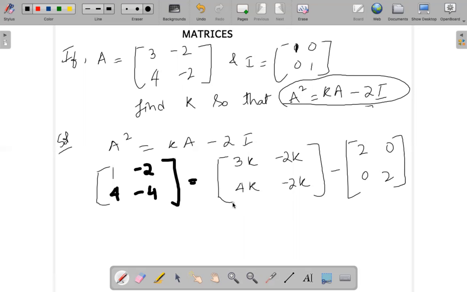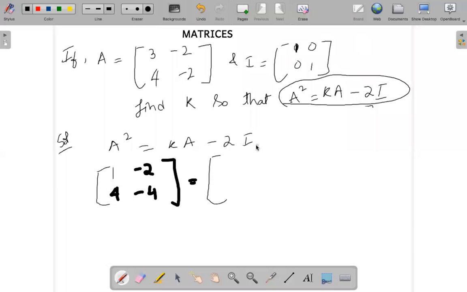Now first let us look at the right hand side and try to simplify it further. 3k minus 2, minus 2, 3k minus 2.